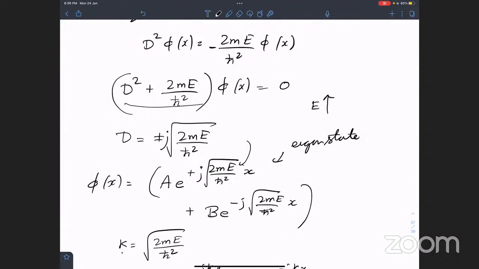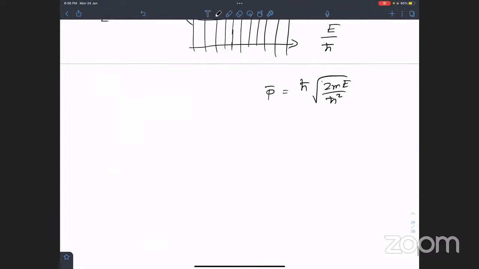If I have a negative energy, then this root 2mE will also give me j times something. That j and this j will cancel, and my eigenvector will be of the form e to the power minus kappa x, which means it's going to be localized.